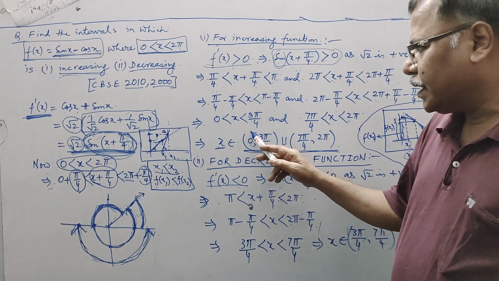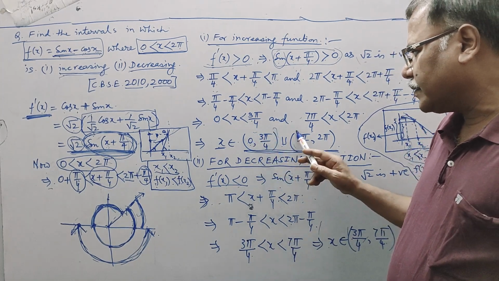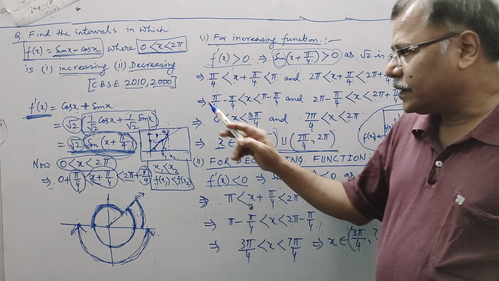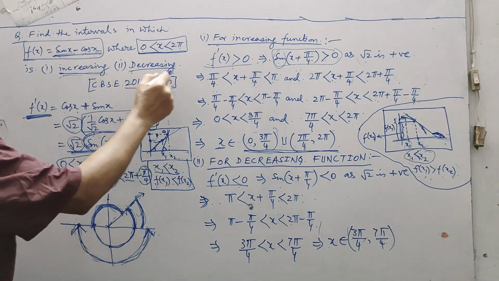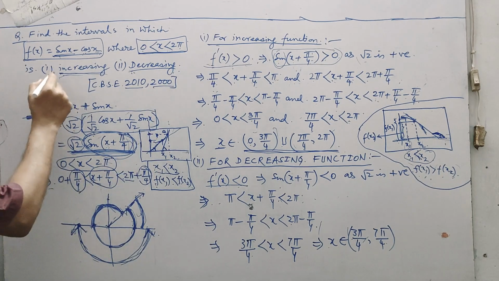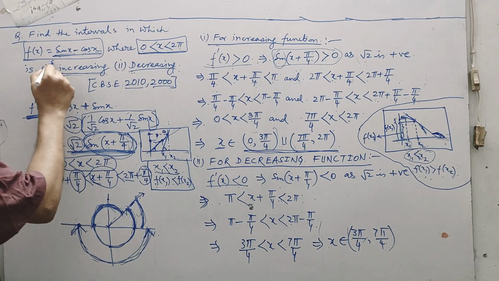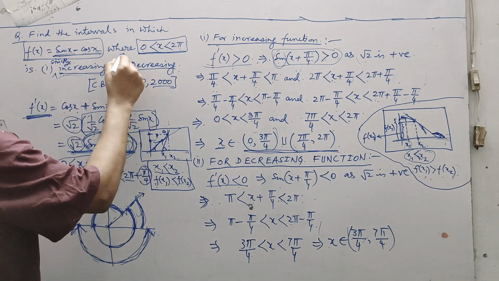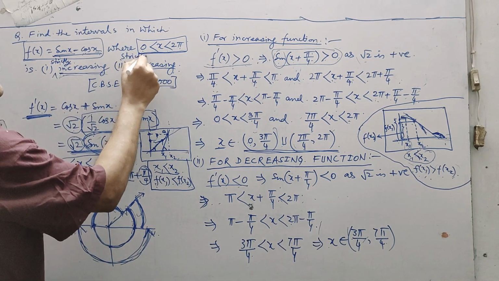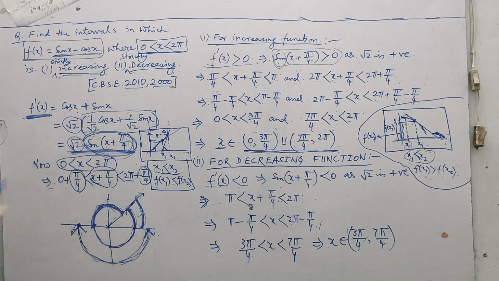If we would have taken the box bracket over here, here, and here, then simply we would have taken this as increasing and decreasing. So there is a small change in the question. You can write over here strictly. I hope the difference is clear to all of you.